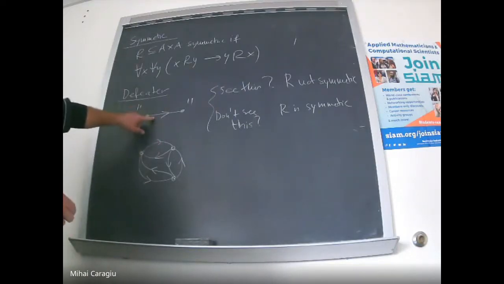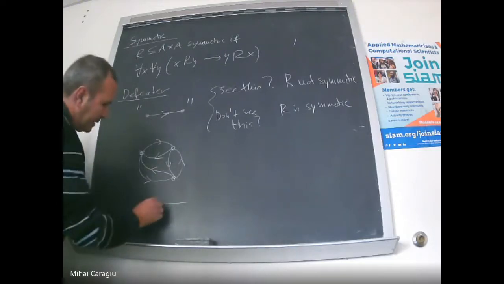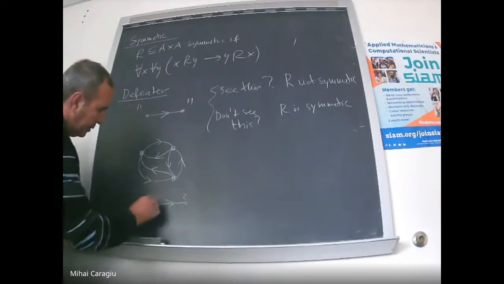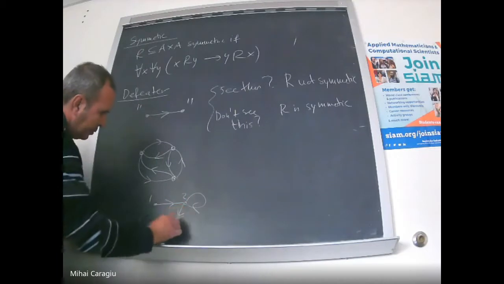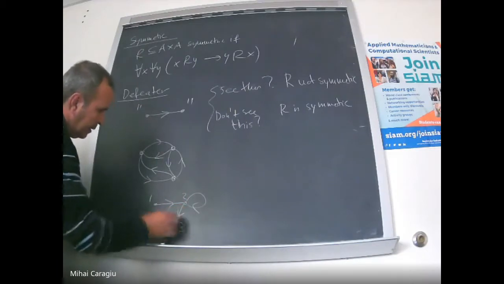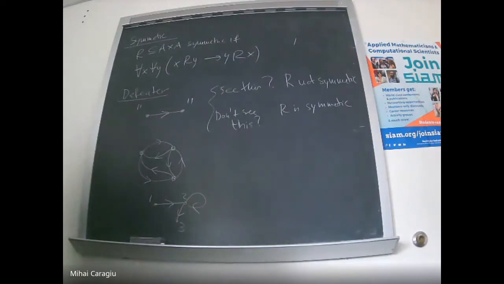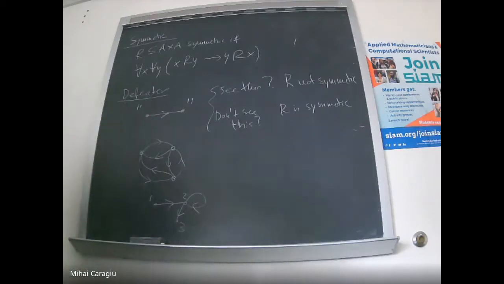We don't see any defeater, which makes this relation symmetric. But this relation, for example, just a cycle 1 to 2, and we could have loops 2 to 3. This relation we see two defeaters here, so that's not symmetric because we see this defeater. So a single defeater will rule out R being symmetric.